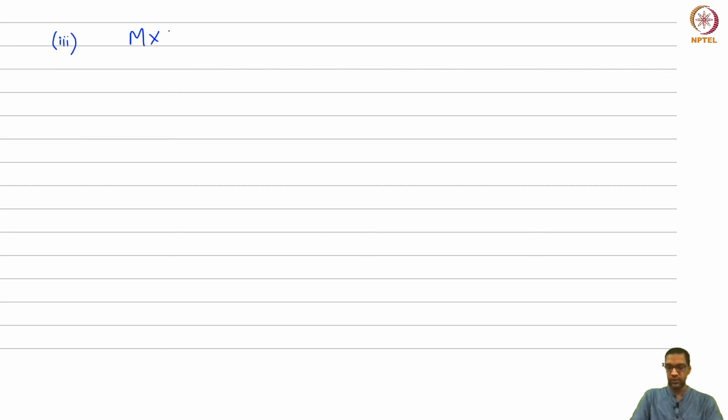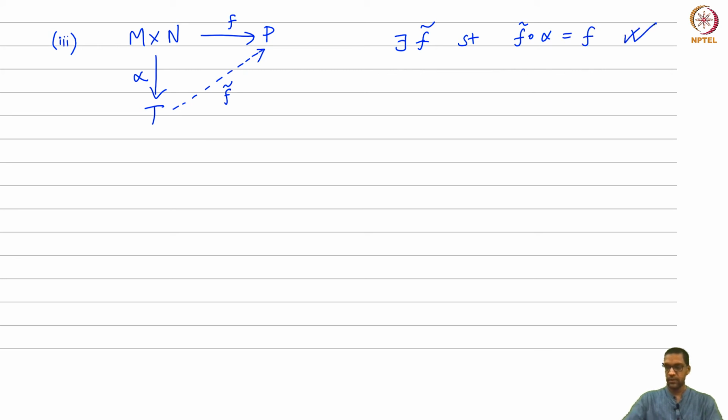So we have shown that for M cross N with alpha, given any pair P, F, there exists a map F tilde such that F tilde composition alpha is F. That we have shown. But why is such an F tilde unique? That's the last bit.